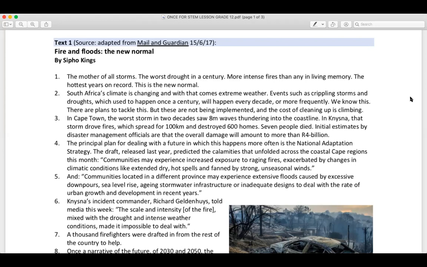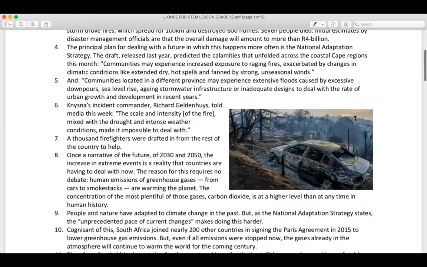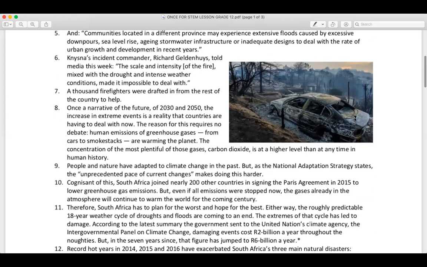Knysna's incident commander, Richard Geldenhuys, told the media this week the scale and intensity of the fire, mixed with the drought and intense weather conditions, made it impossible to deal with. 1,000 firefighters were drafted in from the rest of the country to help.